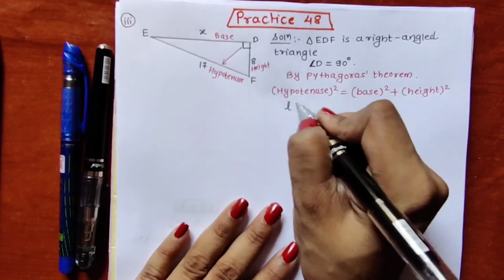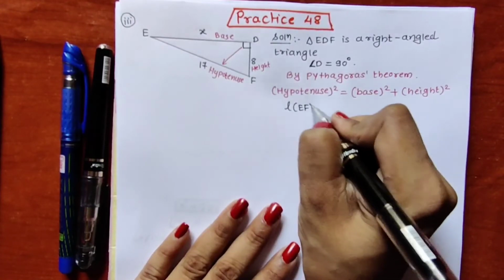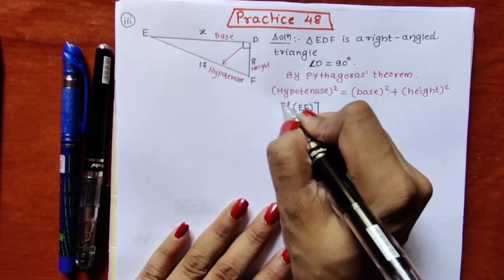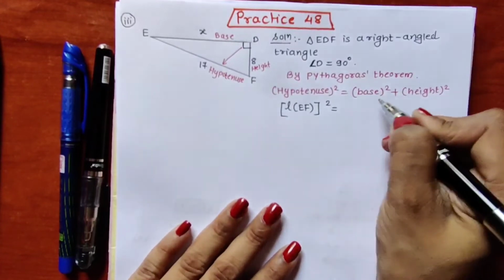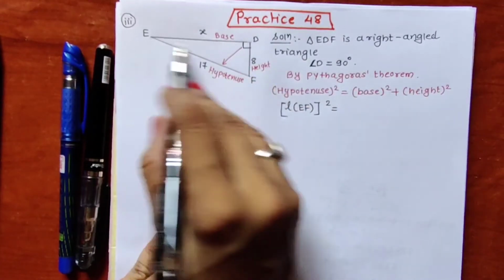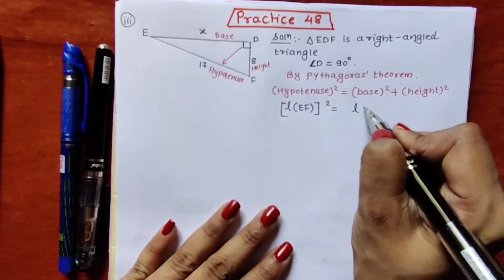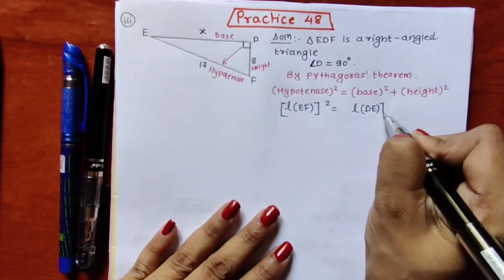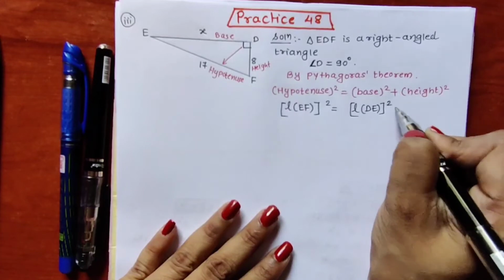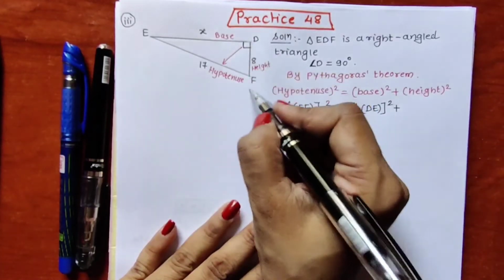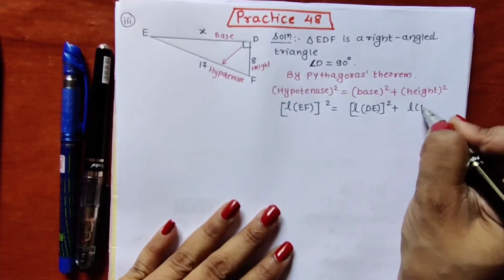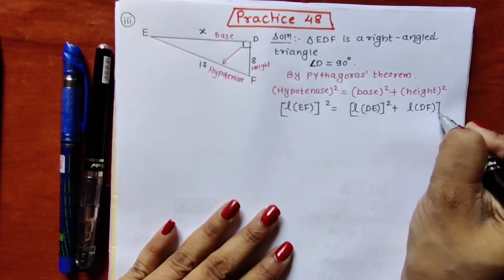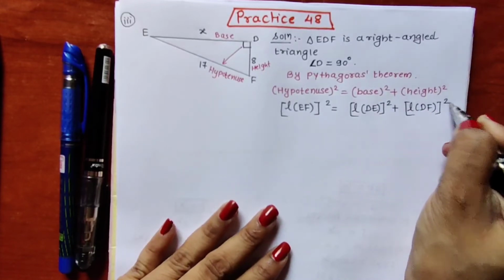So I write here length EF square is there, we put the square, is equal to base. Base is ED, so length ED or DE, we can write anything, DE square plus length DF is the height. So DF square.